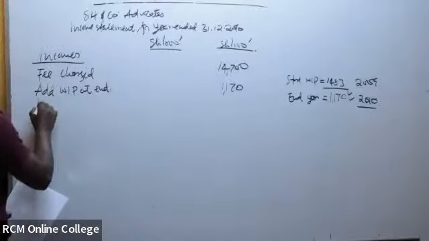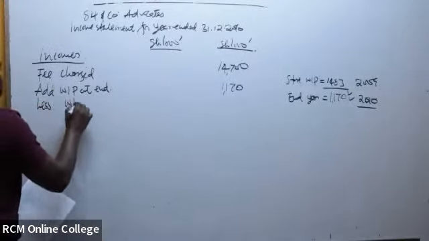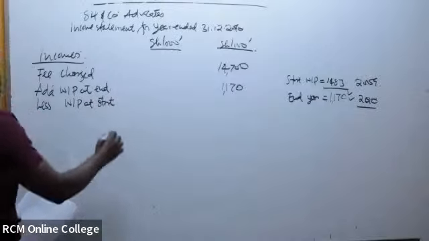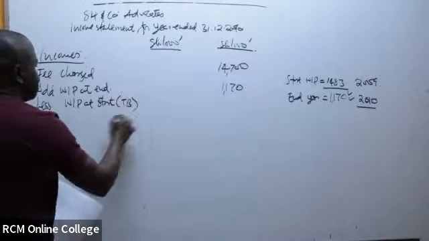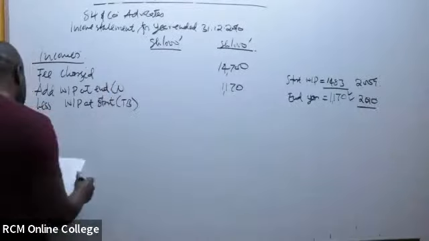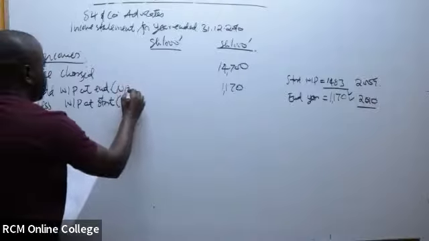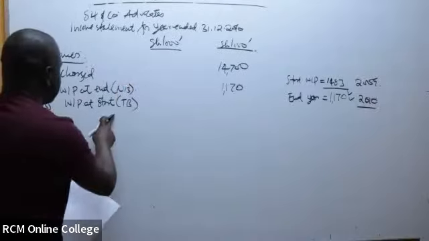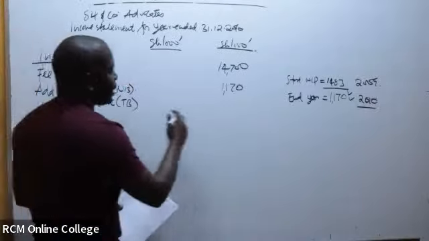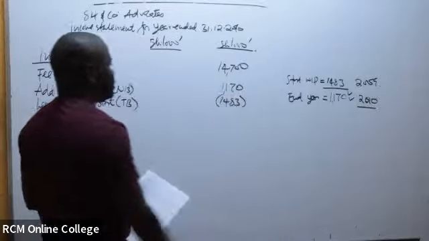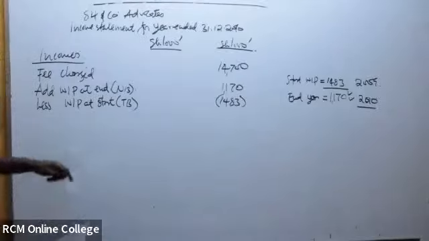Then we less work in progress at the start of the year, which is shown in the trial balance, as per note number 13, which was 1483.